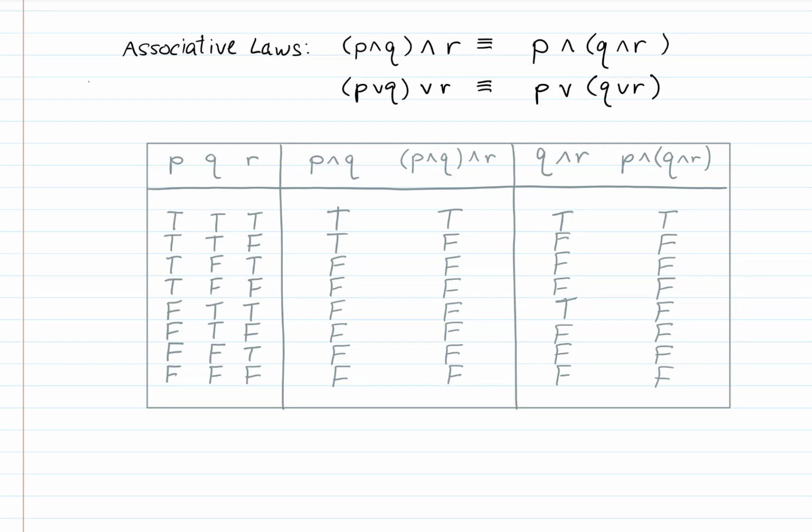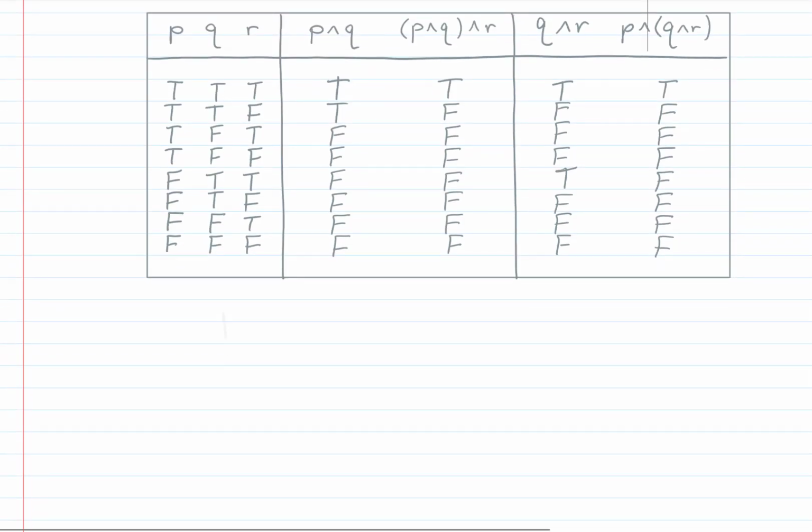Okay, we're going to do one more pair of laws, which are called the distributive laws. There will be 2, and like the other ones, I'll prove the first one for you. You can prove the second one on your own if you want. Okay, so the distributive laws have to do with combining a conjunction and a disjunction.